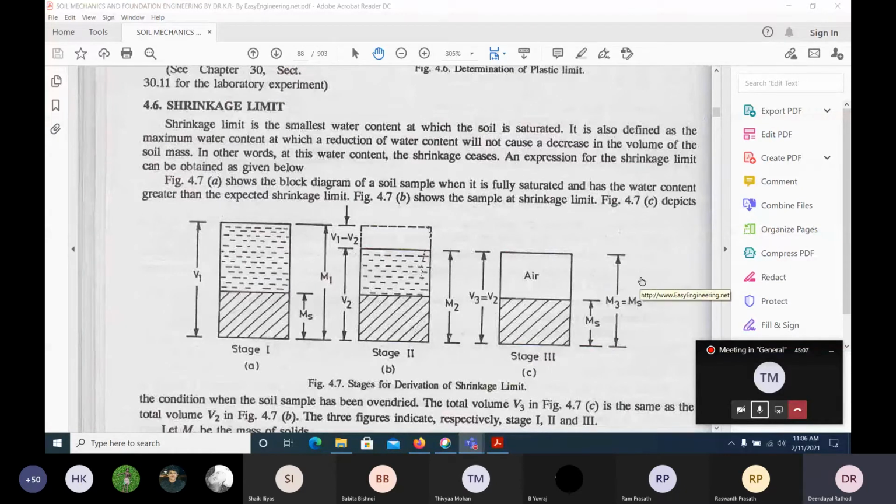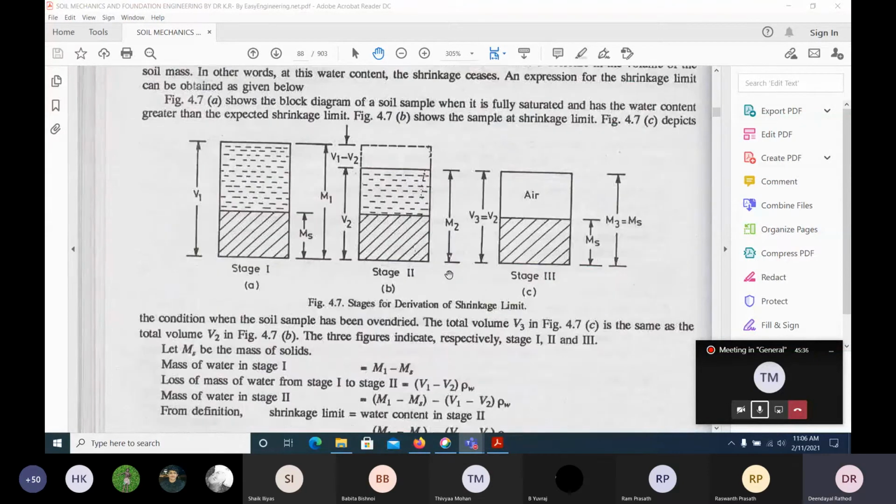After that, there is no change in the volume; all the air voids are filled with air. Because after drying, the volume is not changing, but it is becoming dry, filled with air. So whatever water content you have here is our shrinkage limit. Understand?